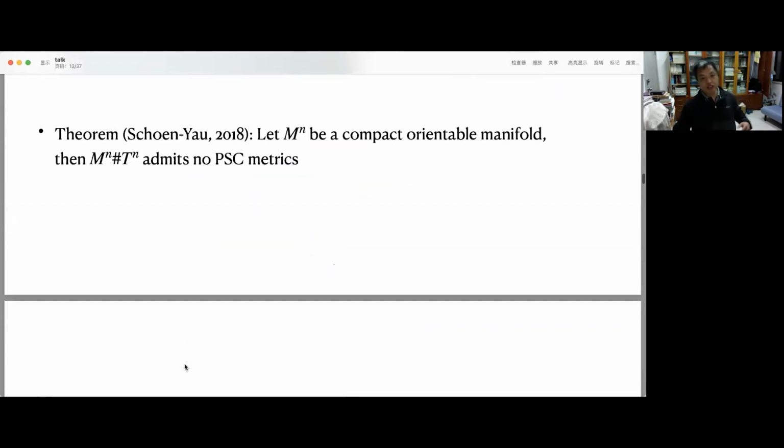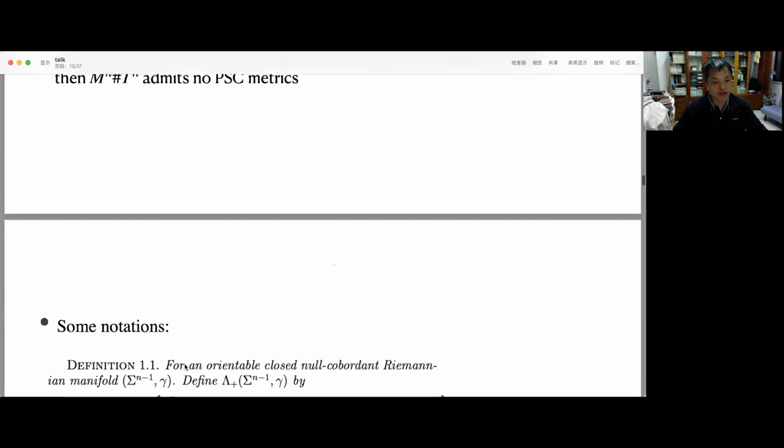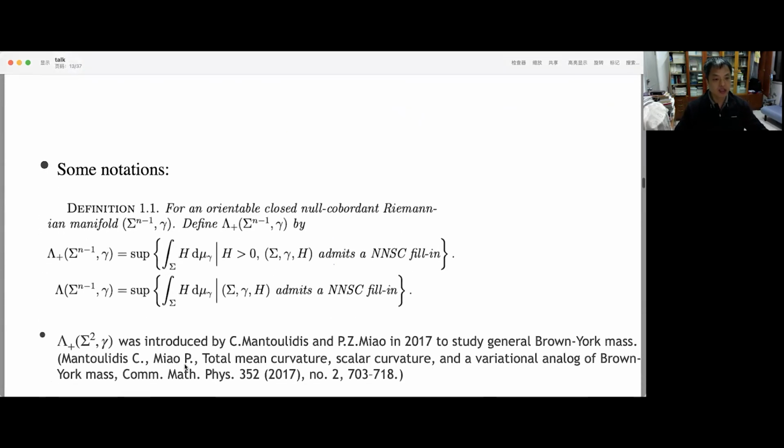Now, to investigate the fill-in problem, we need the following notations. The first one is that let sigma be any Riemannian manifold. We define the quantity lambda plus to be the supremum of the total mean curvature among all the non-negative scalar curvature fill-ins of these triples. And we assume that the mean curvature at the boundary is positive, so we denote it lambda plus. And we can also define a similar quantity like this.